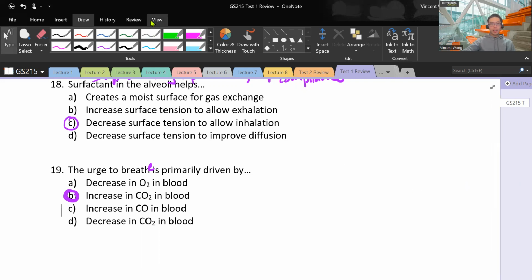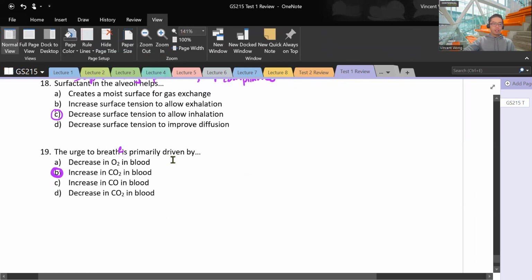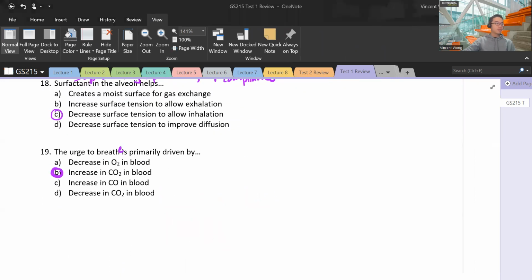I mean, the test is pretty straightforward, I would say. It's certainly not going to be too difficult relative to the quiz. It's about the same level of difficulty. You will have some application questions, and based on the quiz results, I think people are struggling the most with the multi-select questions.